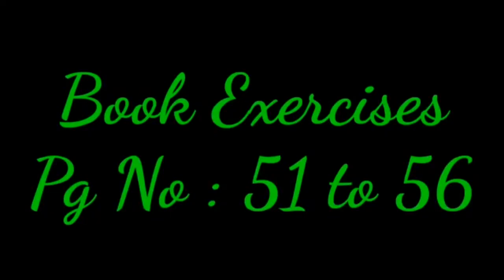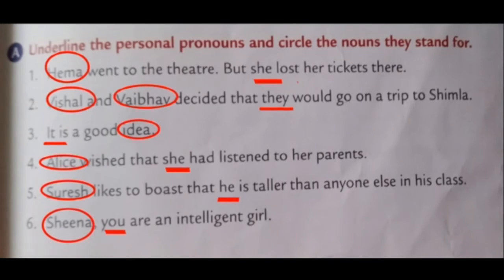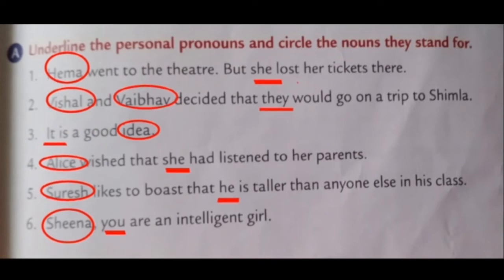Now we are moving to book exercises, children, from page number 51 to 56. Exercise A. Underline the personal pronouns and circle the nouns they stand for. Children, here the underlined words are personal pronouns and the circled ones are nouns they stand for.